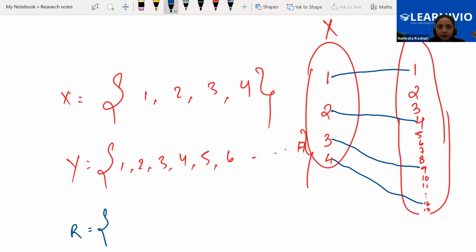Ma'am, x such that x is equal to n square, where n is a natural number. You said it correctly. You identified it correctly.